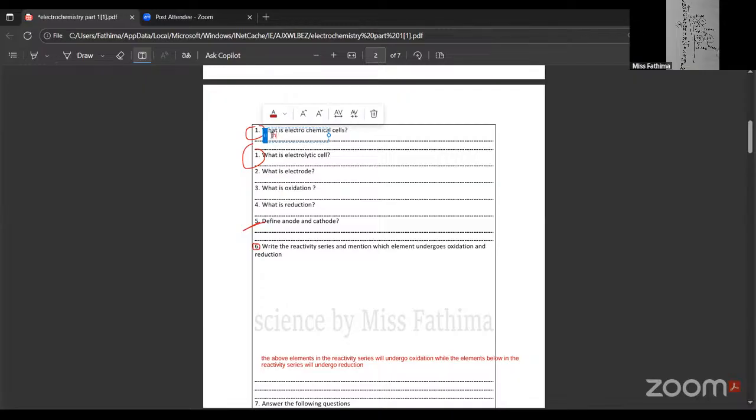The cell that produces electricity due to chemical reactions, that you call an electrochemical cell.